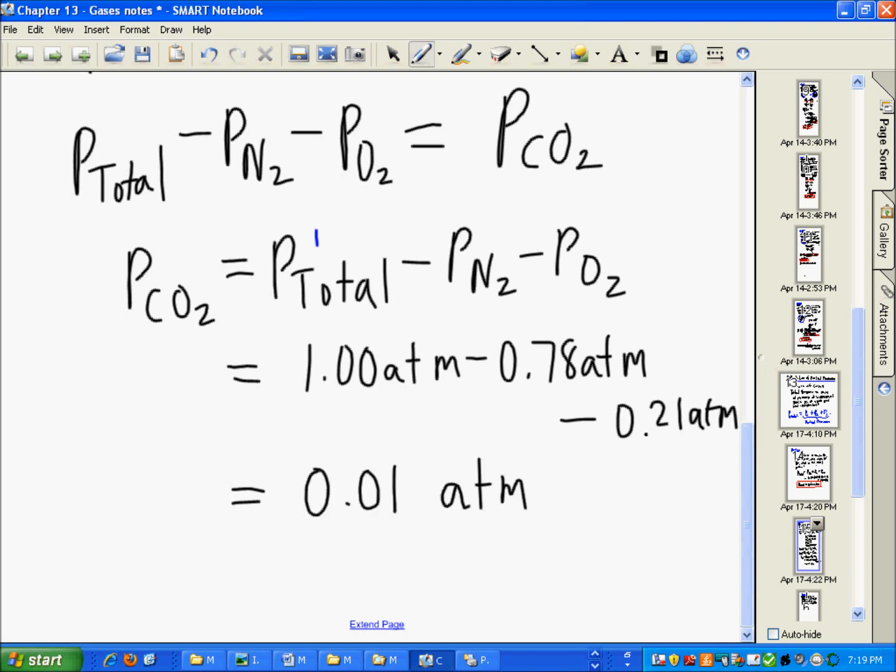Are the sig figs correct? Yeah. It's not a question of how many sig figs you should have in this case, because it's subtraction. So it's lining up the decimal point and finding the last significant place. And it is correct, because the last significant place should be the second decimal place to the right. So 0.01 atm is correct.